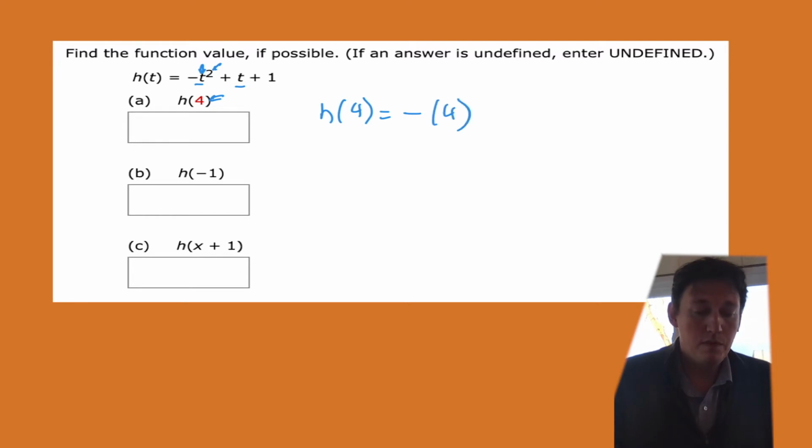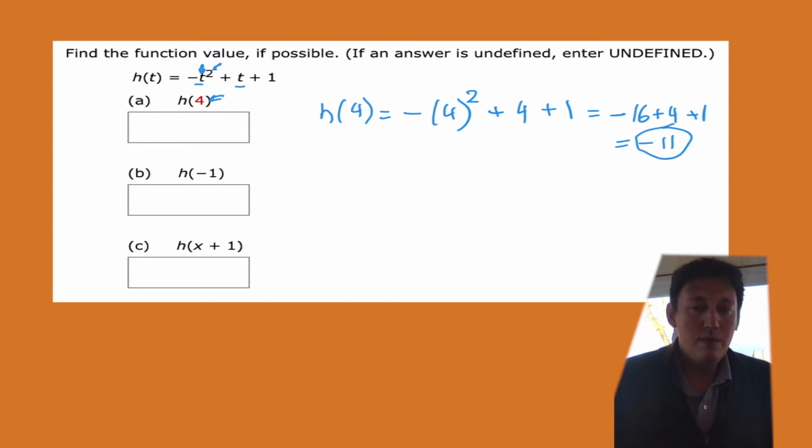t becomes 4 squared plus 4 again plus 1. So again, that negative comes along for a ride. 4 squared is 16, plus 4, plus 1. So negative 16 plus 4 plus 1 would give me negative 11.